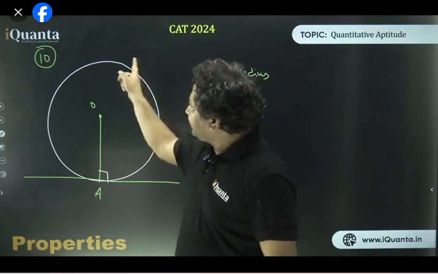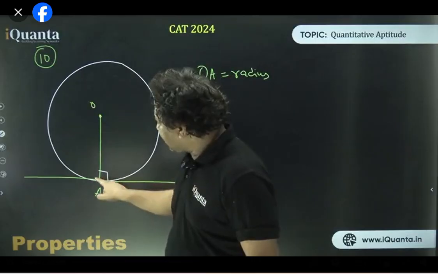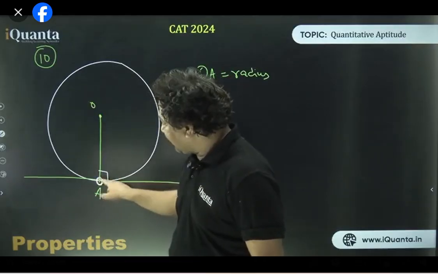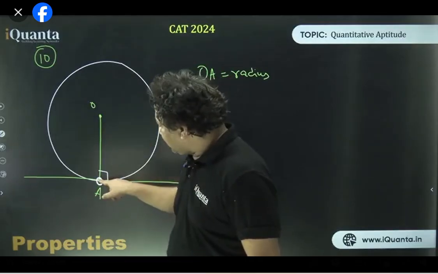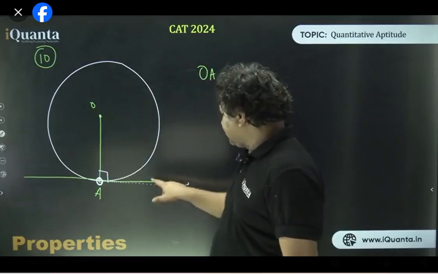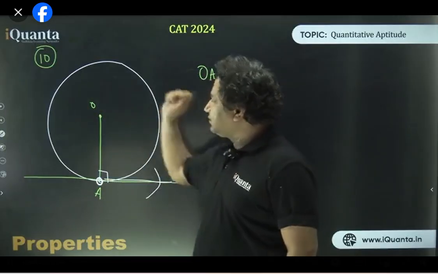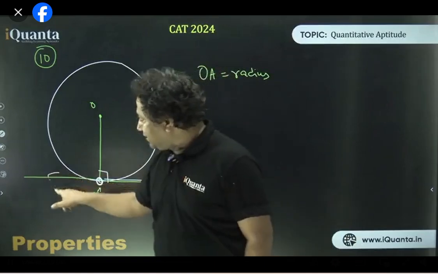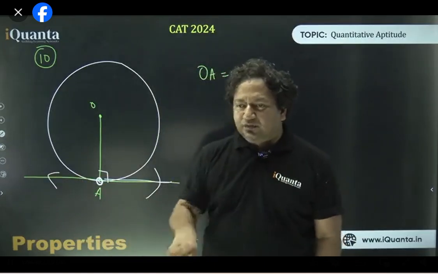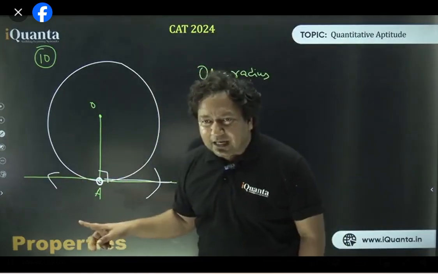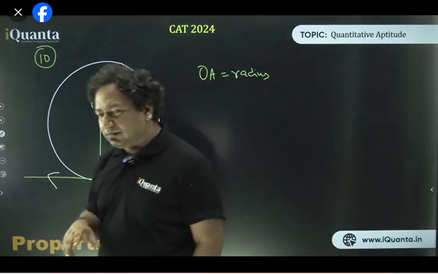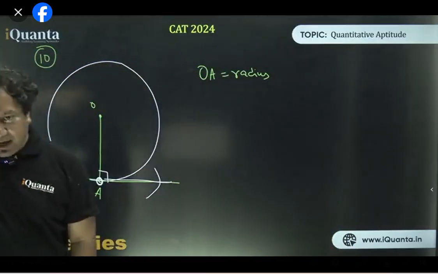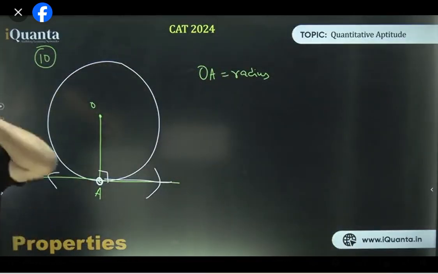So let's say it was moving like this, and the stone reached point A. If I leave this, it will go here if I'm rotating it clockwise. Going anti-clockwise, it will go here. But it will always go at 90 degrees. Have you noticed that?